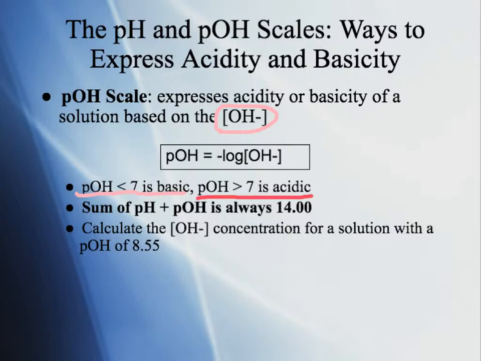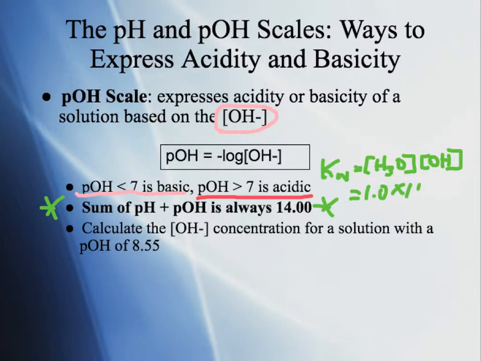All right, so here is something we need to keep in mind: the sum of pH plus pOH of a solution is always equal to 14. Because remember, just like we saw with our Kw of water, the product of the concentrations of hydronium ions and hydroxide ions always ended up being 1 times 10 to the negative 14.